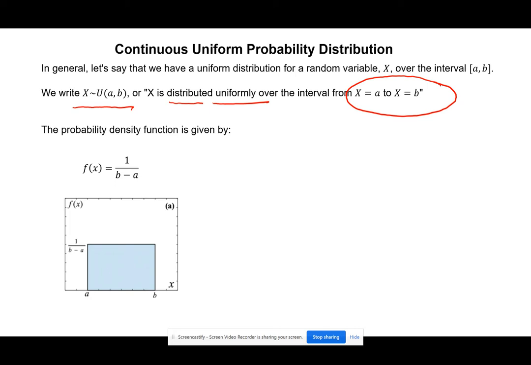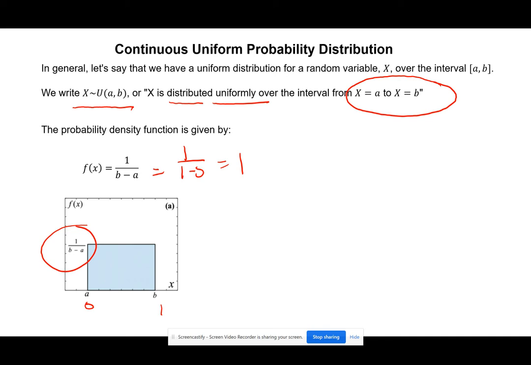So in our case, for the random number generator, remember this is 0 and 1, and up here we would have 1 over 1 minus 0, which is just equal to 1, and we knew this was a line for our case at f of x equals 1. But the generic formula is just this 1 over b minus a. That will give you the height of the density function.